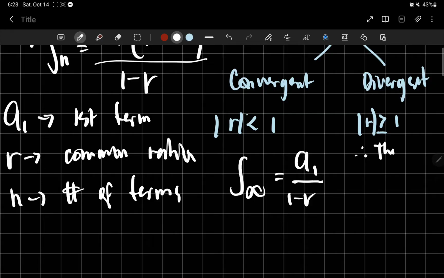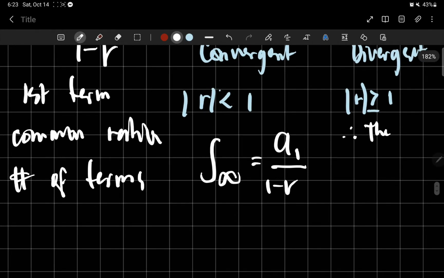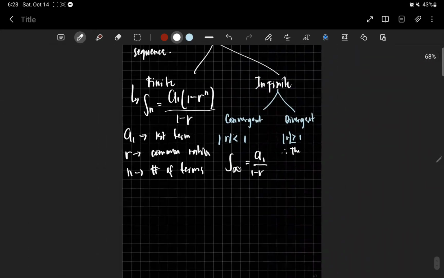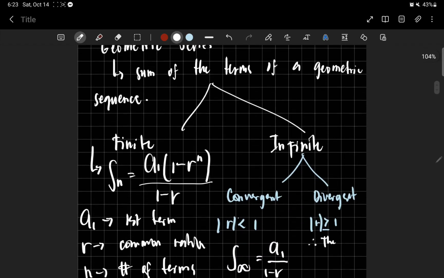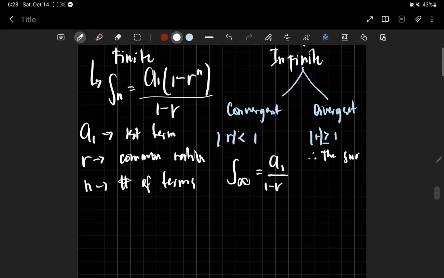Therefore, the sum of a geometric sequence cannot be determined. So we cannot solve when we have a divergent infinite geometric series. Magsasolve lang tayo kapag convergent.